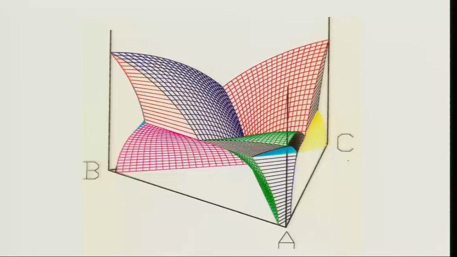Things will be much clearer here. This is a very good picture. You can see here the binary eutectic between BA, binary eutectic between AC, binary eutectic between CA. The ternary one is basically curving down.